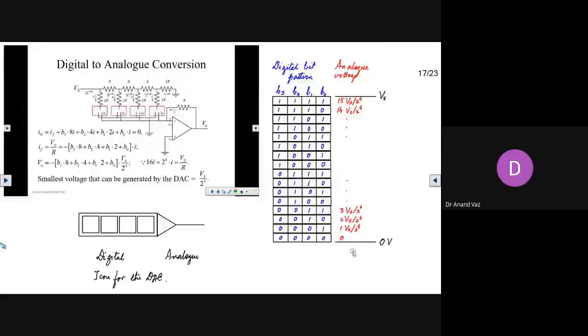Okay. So this is how you are able to go from 0 volts up to 15 divided by 16 multiplied by Vs. You can't achieve the entire Vs. Now, if you have more number of bits, you can approach closer and closer to Vs, but you never touch Vs as such.